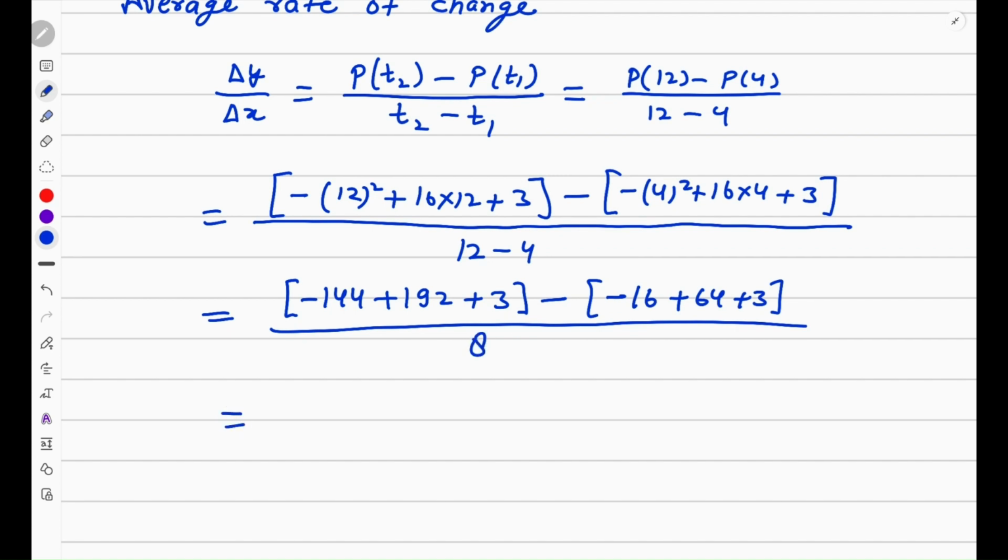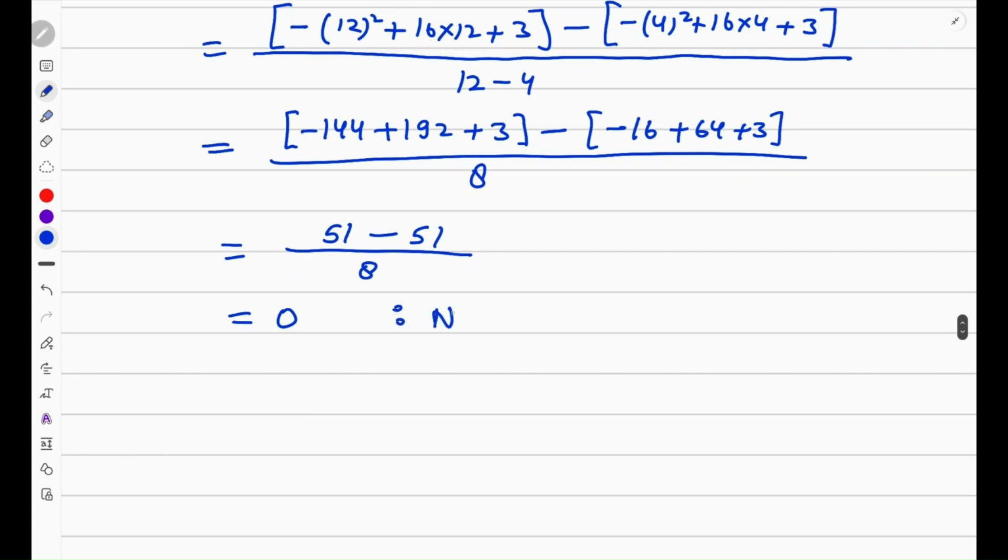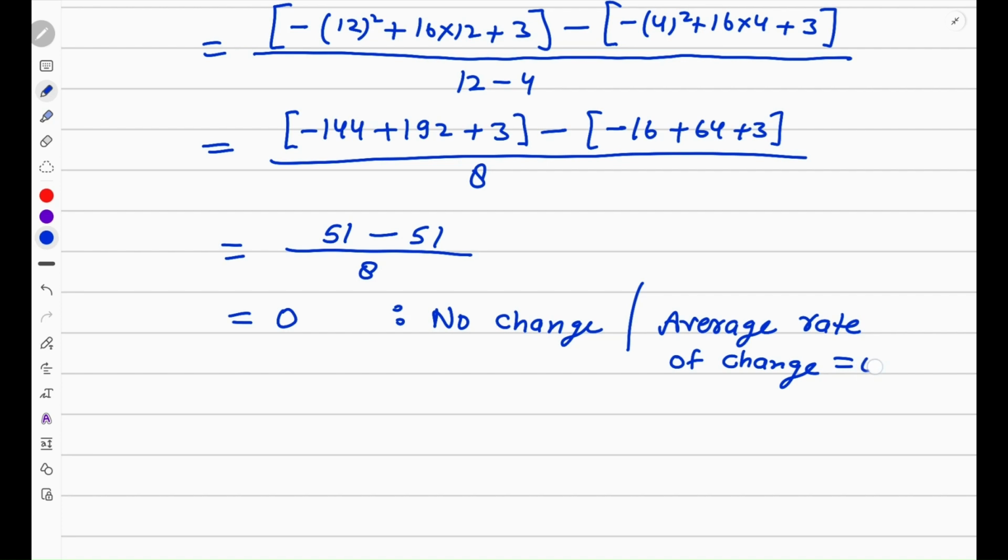Now it is 51 minus 51 over 8, which comes out to 0. So the average rate of change for this stock is 0, or we can say no change, average rate of change equal to 0.